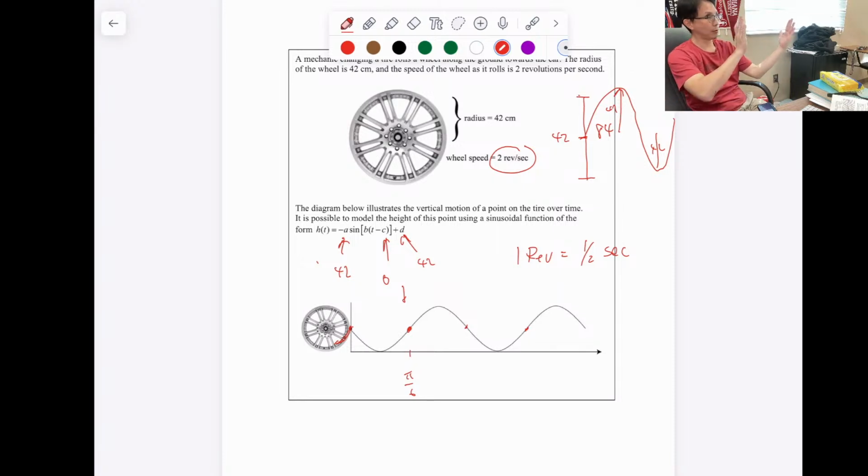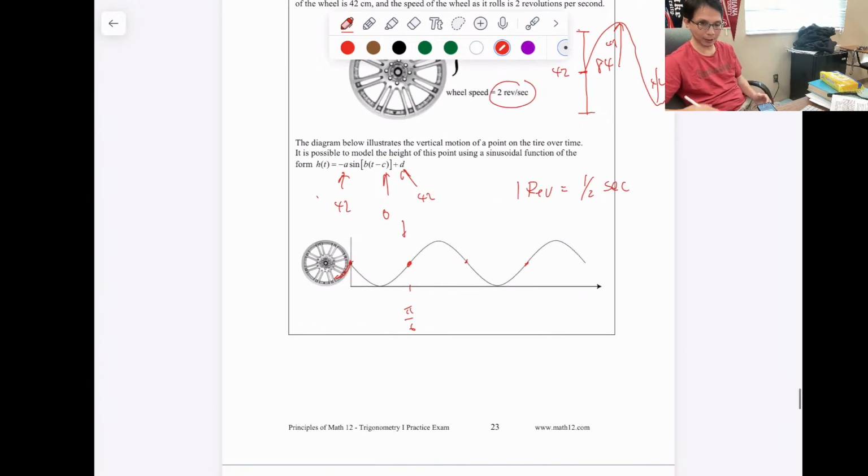So half second is going to give you a period. Does that make sense? That is equal to what? 2 pi over b. Is that okay? So cross multiply, b is equal to 4 pi. And that's how you get 4 pi.